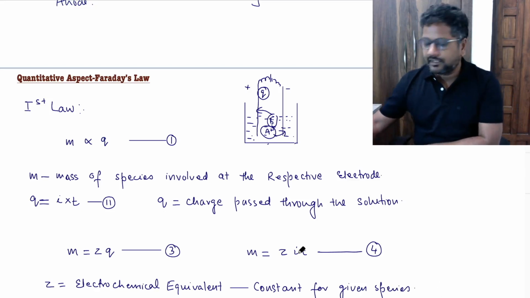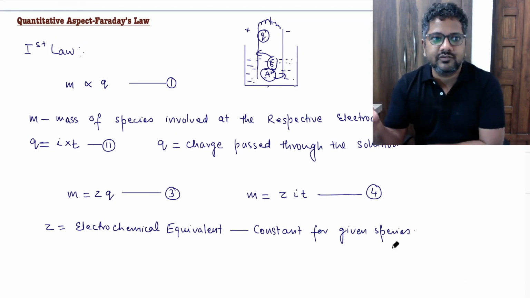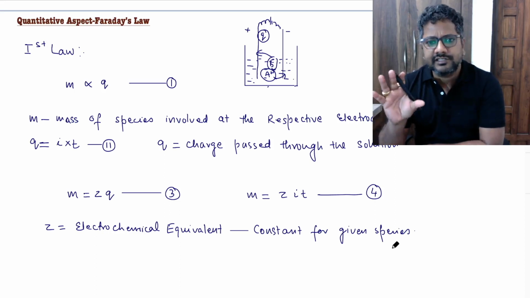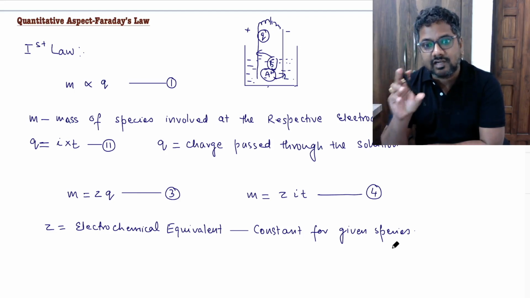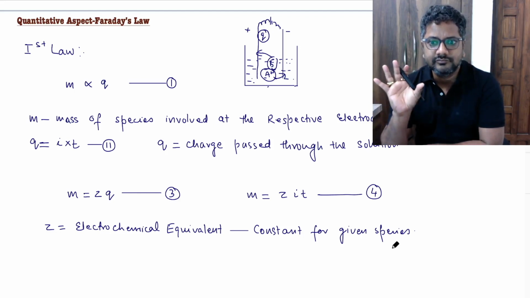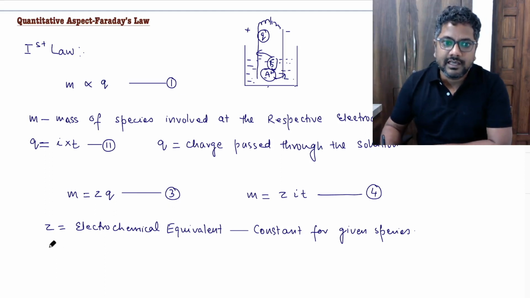It means if you have taken sodium, then Z is different for sodium. If you have taken potassium, then it is for potassium. It means it is specific for the given species. It is independent of any other factor, right? It depends on the nature of the species. So I is the current, and T is the time.